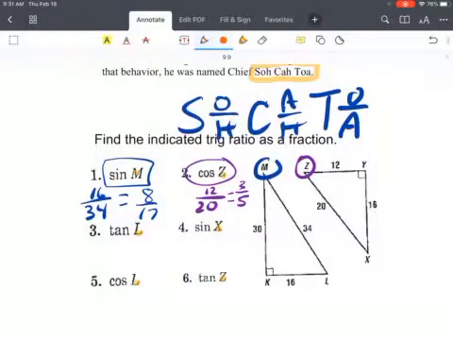And then when I'm looking at the tangent of L, looking at L, the opposite over adjacent would be 30 over 16, which reduces to 15 over 8. So go ahead and pause and see if you can solve the last three here.